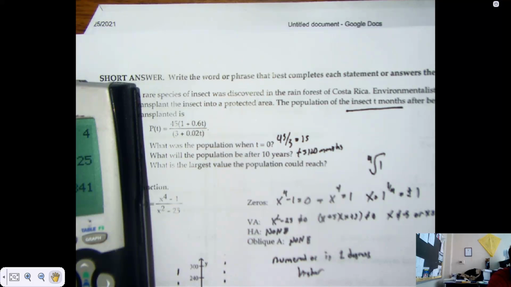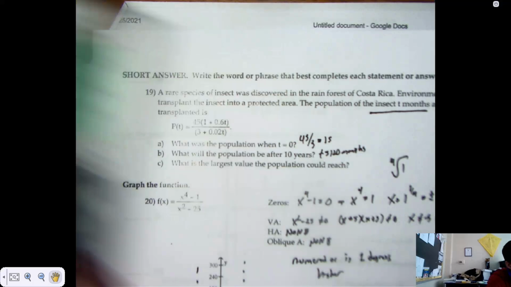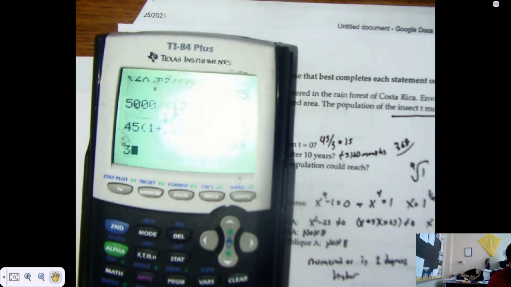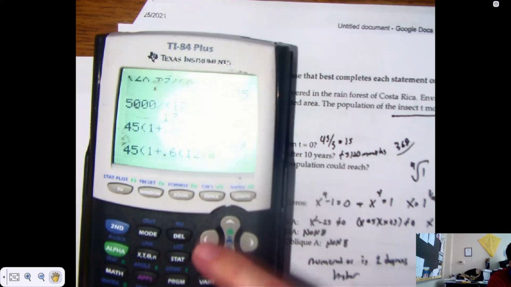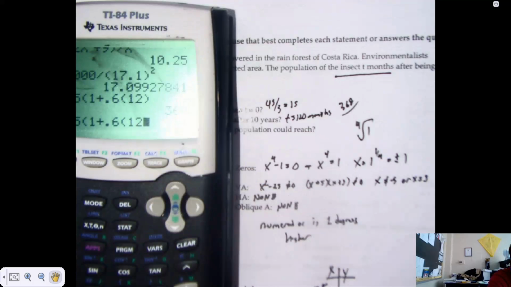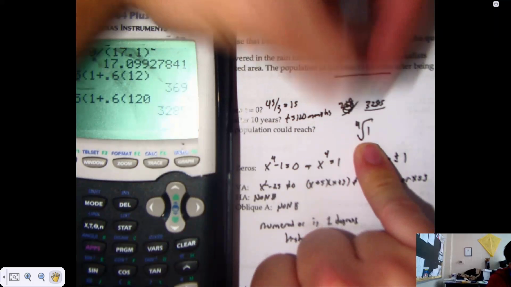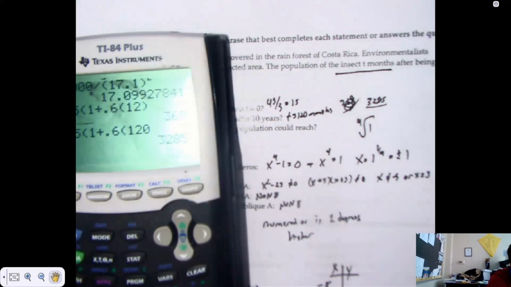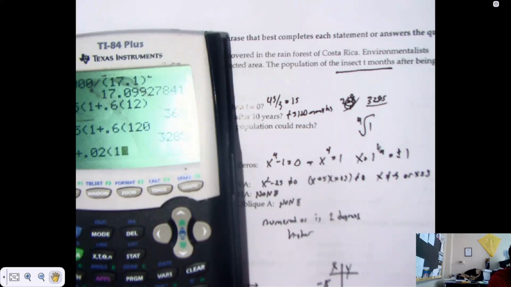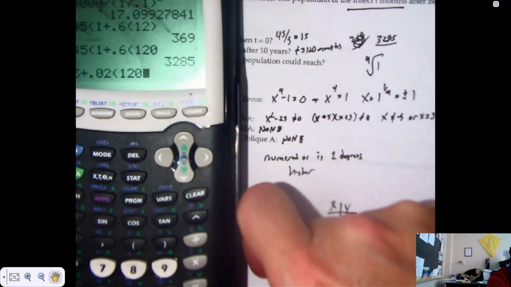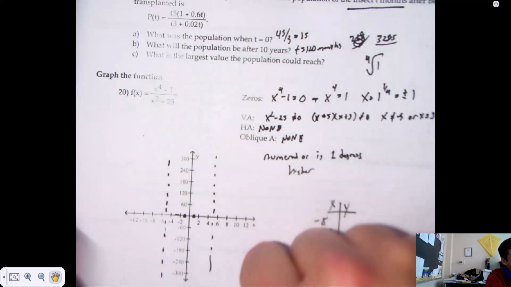So what's the numerator here? 45 plus 0.6 times, why did I use 12? What was I supposed to be using? 120. We got 3285. The denominator, 3 plus 0.02 times 120. 5.4.